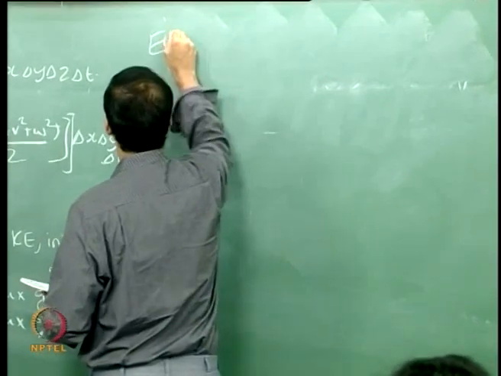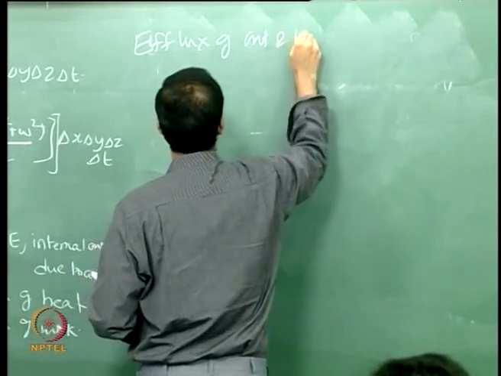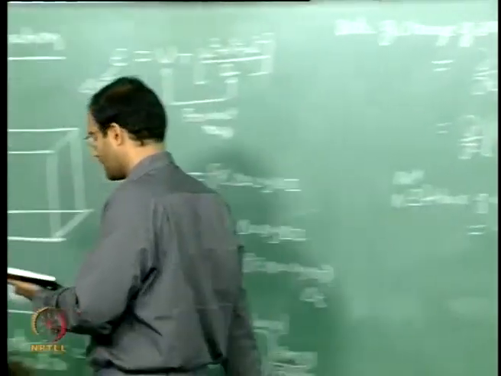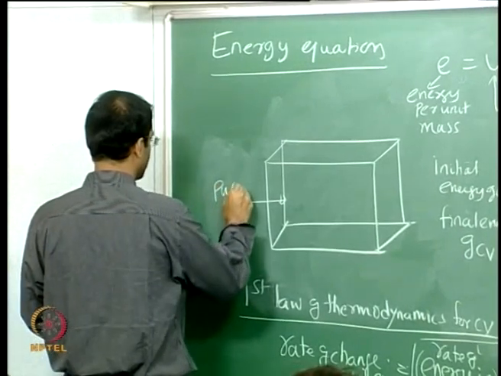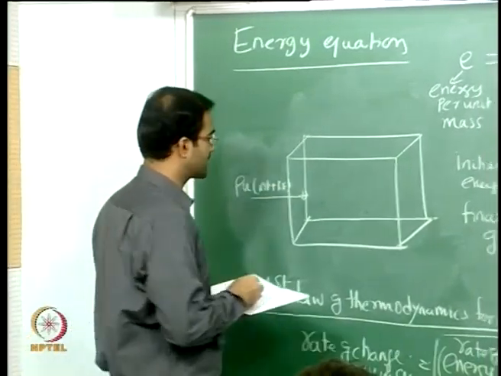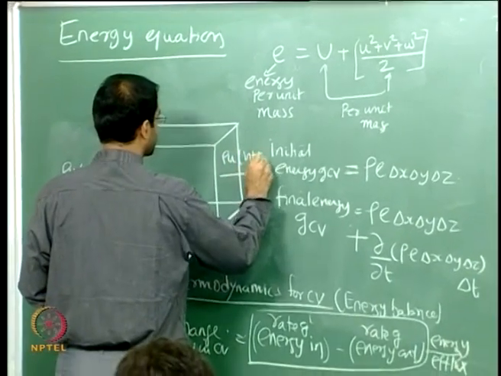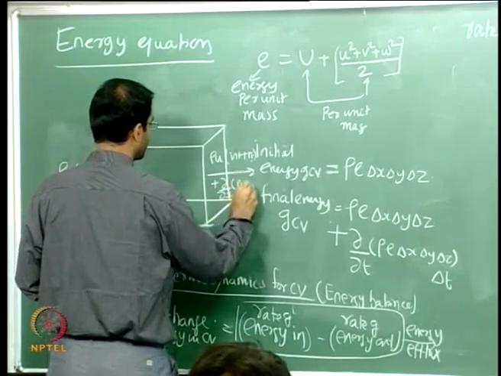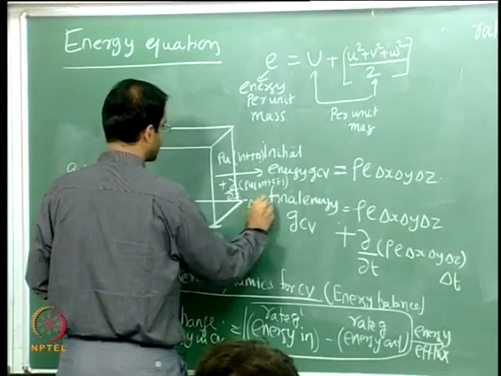Can you guess how the structure of efflux of internal and kinetic energy should look? If you take this control volume, you have the flux of internal plus kinetic energy entering, for example, on this left x plane, and on this side this will be rho u (internal plus kinetic) plus d by dx of rho u (internal plus kinetic) times delta x, right?